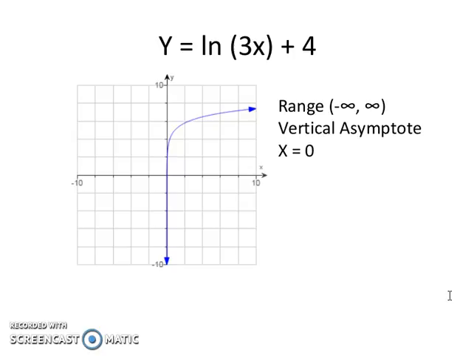In other words, we are going to shift the graph up by 4. So this would be the graph of our function natural log of 3x plus 4. The range of this would be negative infinity to infinity, and our vertical asymptote would be x equals 0.